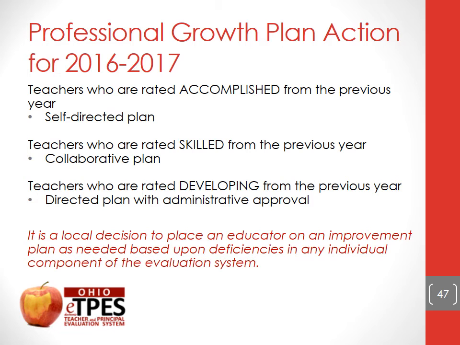Teachers who are rated skilled from the previous year will be placed on a collaborative professional growth plan for the 16-17 school year. Teachers rated developing from the previous year will be placed on a directed professional plan with administrative approval. Remember, it is a local decision to place an educator on an improvement plan as needed based upon deficiencies in any individual component of the evaluation system.